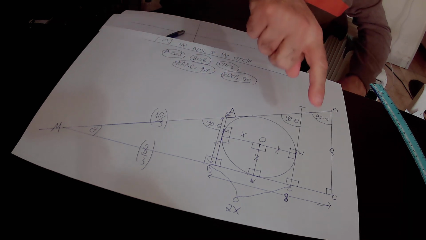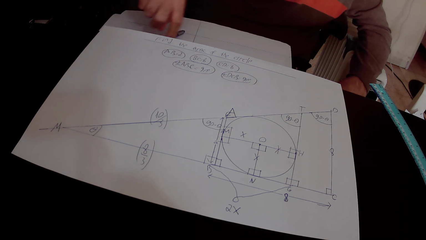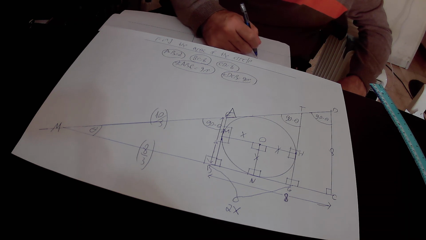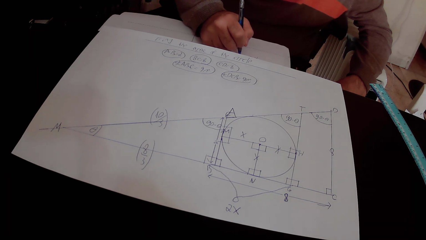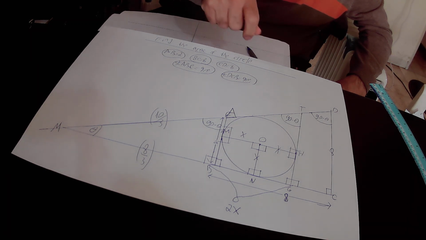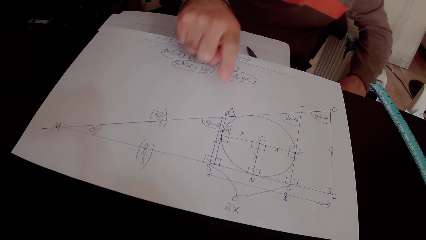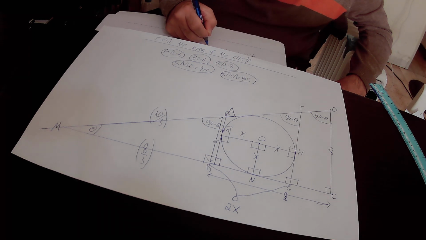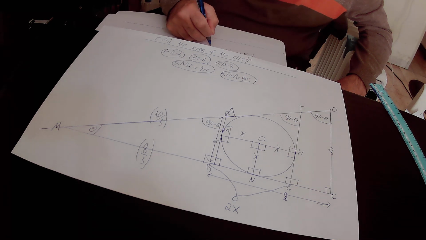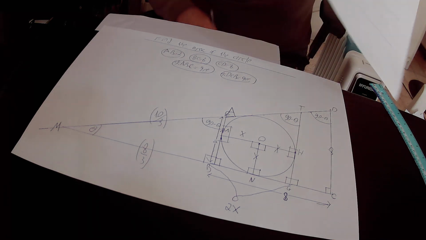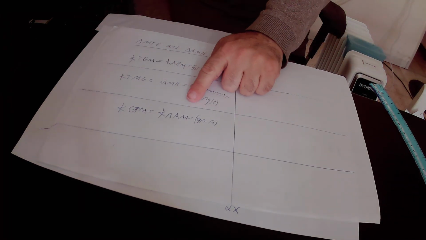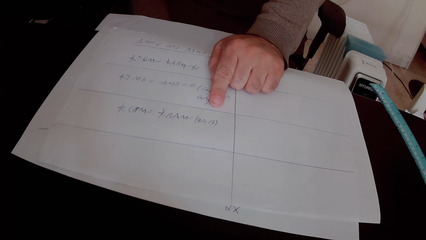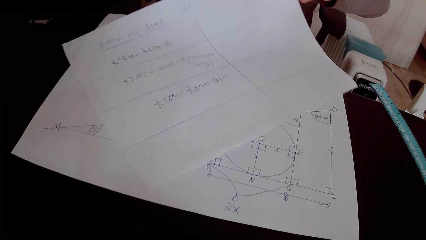So angle GTM in the big triangle is equal to angle BAM in the small triangle. They are both equal to 90 degrees minus theta, therefore they are equal to each other.